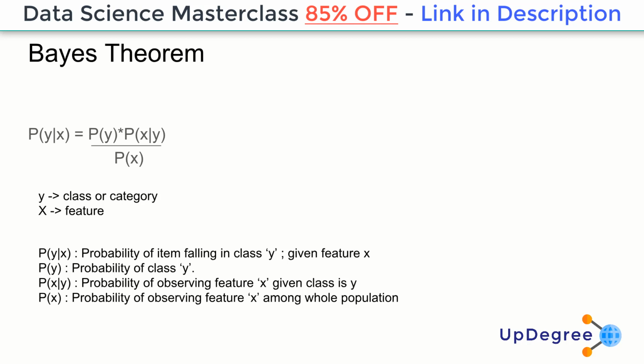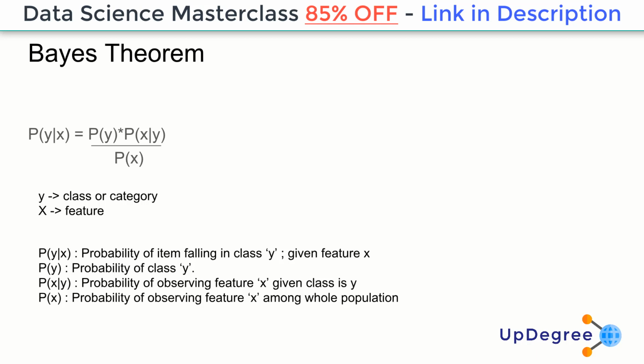If we consider only height, what is our feature? Our feature is 6 feet. So given that the person is 6 feet tall, we want to find what is the probability that the person is a male, right?